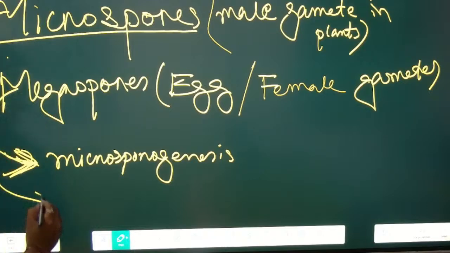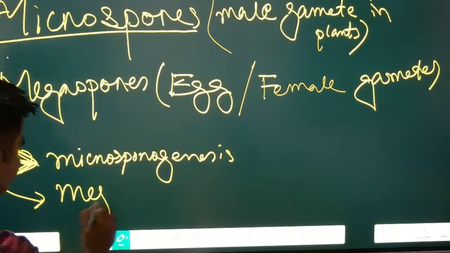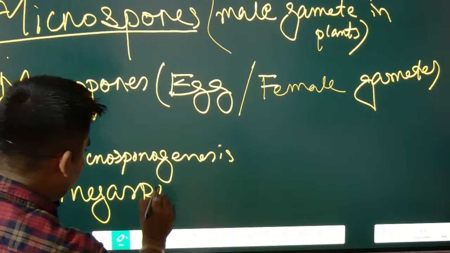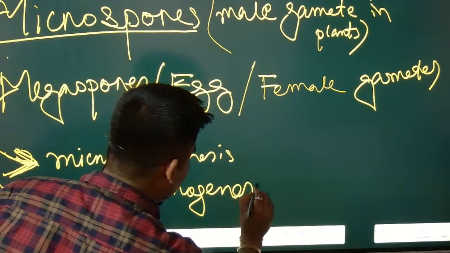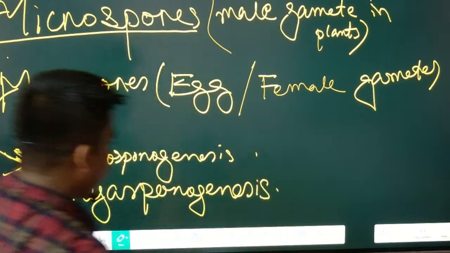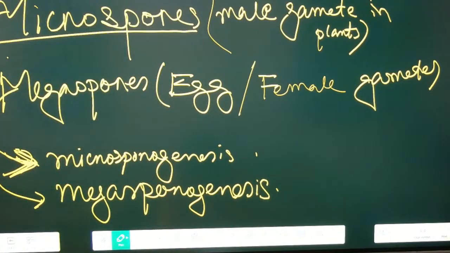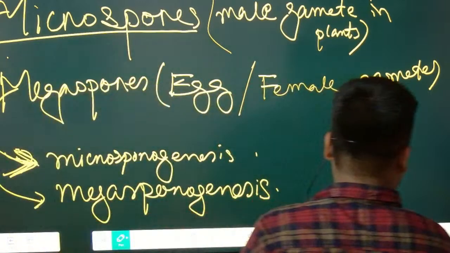Megaspore formation is called megasporogenesis. So we'll learn about the mechanism of synthesis of microspore, which is called microsporogenesis.